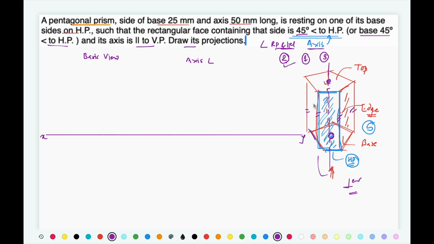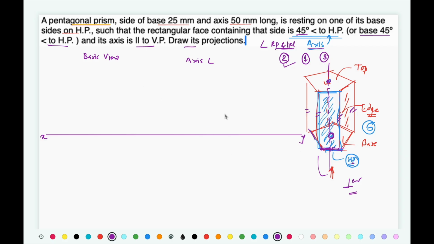Either it will be resting on a specific plane, might be HP or VP, or that reference will be parallel to a reference plane, either HP or VP. So for this example, the resting reference is this side, and this side is in HP. So we have identified the resting reference. The resting reference is a side, it is resting in HP.